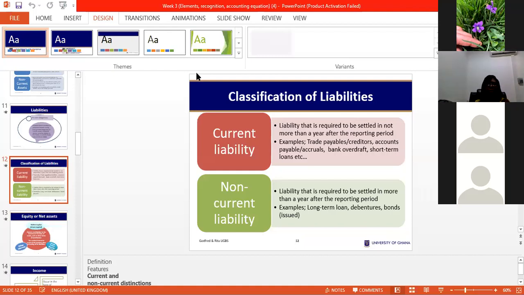There again, you have the examples there: trade payables. So business entities also engage in transactions. They have suppliers. And anytime they buy from suppliers and don't pay immediately, in the books of the business, they will record what we call a trade payable. And as you are yet to pay, that supplier is a creditor.